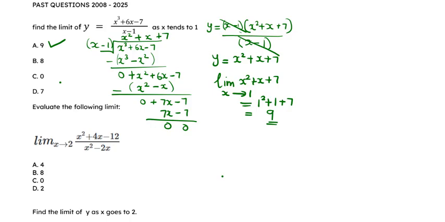We need to look for two numbers that multiply to give minus 12 and add to give plus 4x. I think that is obviously going to be x squared minus 2x and 6x minus 12, all over x squared minus 2x.